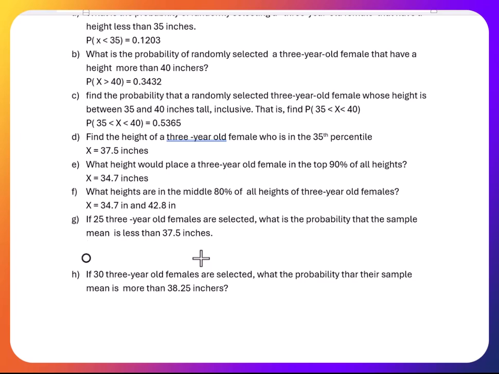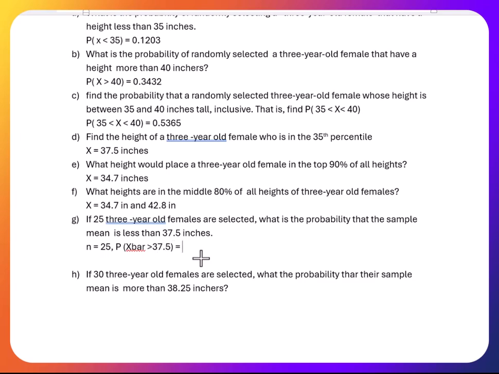So he says if 25 3-year-old females are selected, what's the probability that the sample mean is less than 37.5? So here, N is 25. And he wants the probability not of X, of X bar, the sample mean, X with the bar on top of it, is less than what? 37.5.